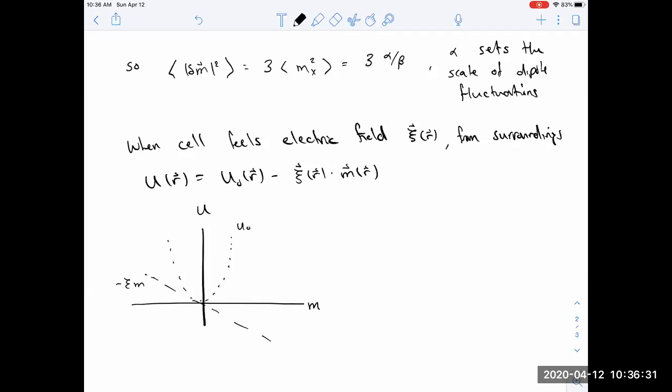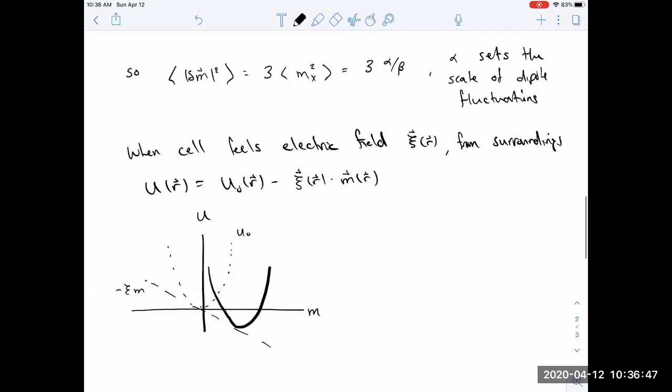If I sum those two contributions to the energy, what I will get, when I subtract a line from a parabola, I keep a parabola, but the minimum of that parabola shifts.